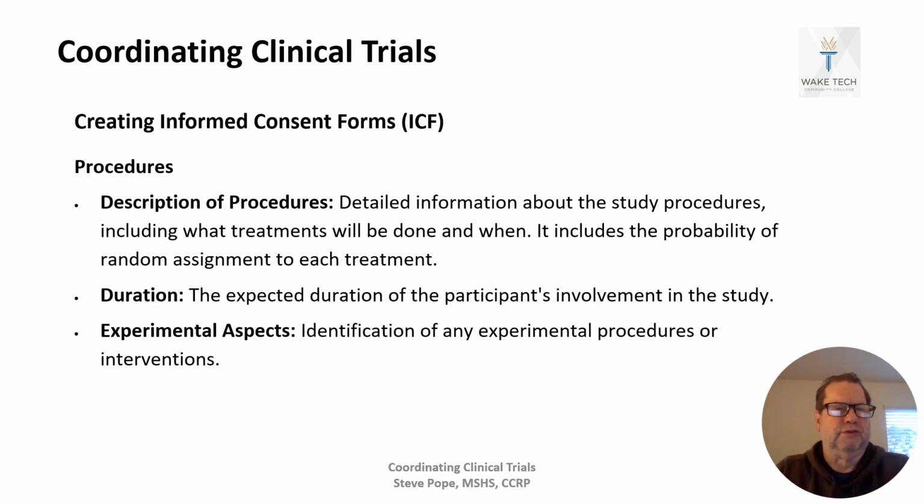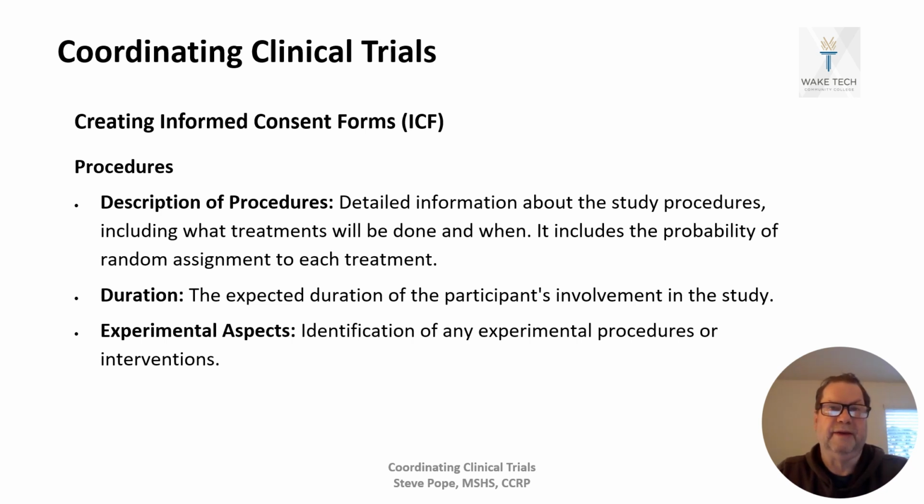There has to be a description of the procedures, detailed information about study procedures and what treatments are going to be done and when they're going to be done. It also has to include the probability of random assignment to each treatment. If you're working with a phase 3 trial, for instance, you're very likely going to be using a placebo arm.